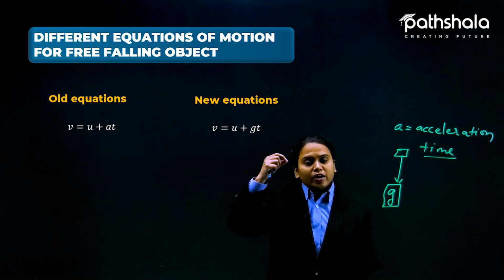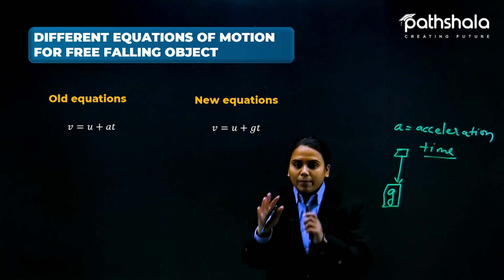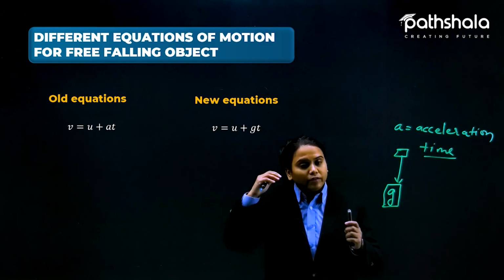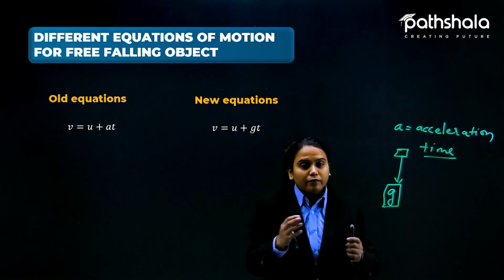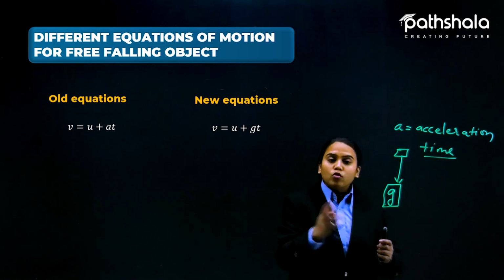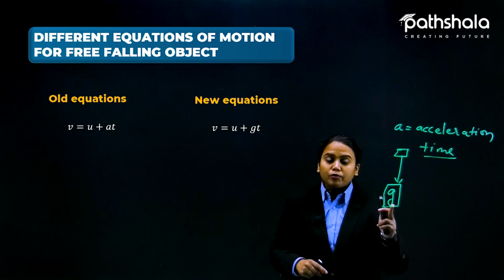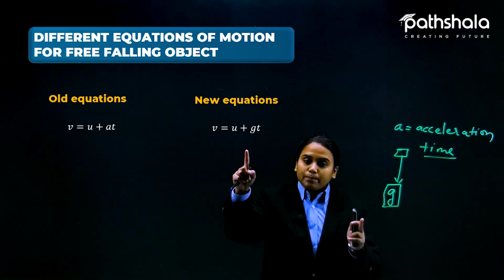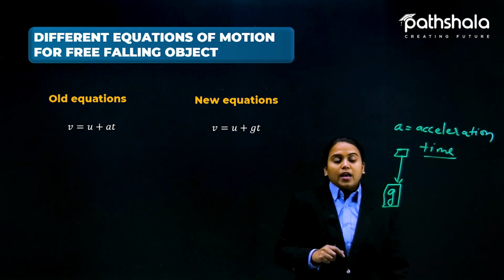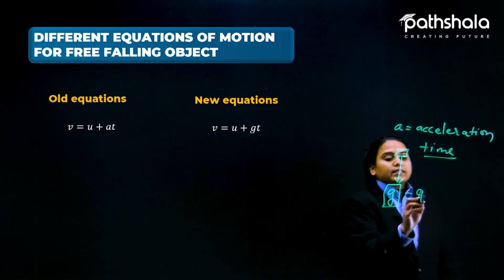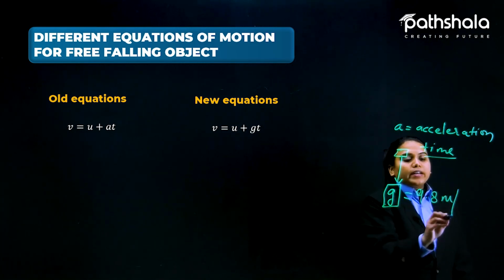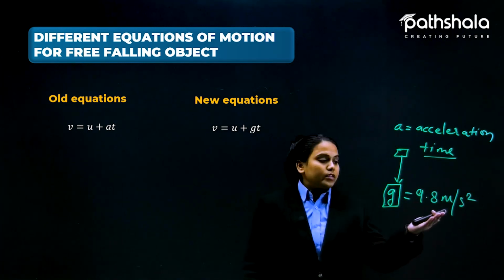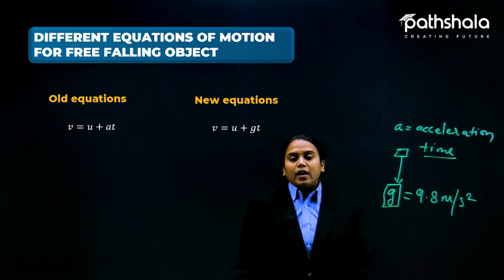If an object is just dropped, it is not applying any force on the surroundings, and it is not even thrown by somebody with a certain force. Then how is it moving? Because of this pulling force, which is now considered as part of the acceleration, and that again is the value 9.8 meter per second square. We have obtained this value with calculation.